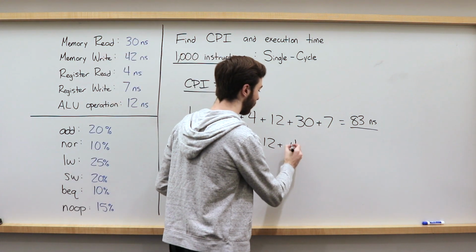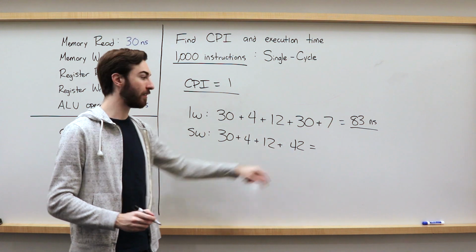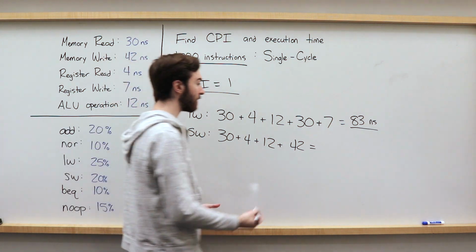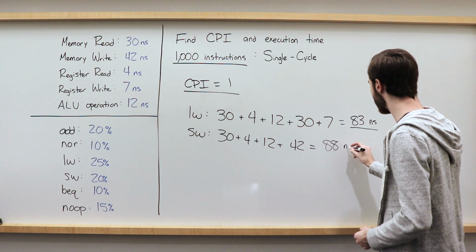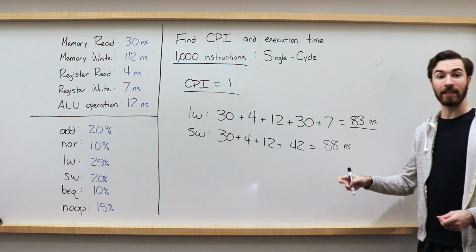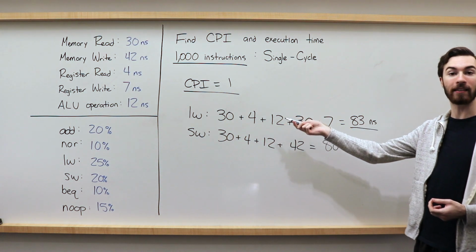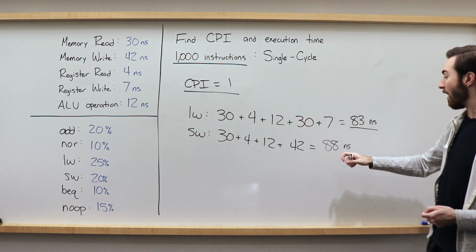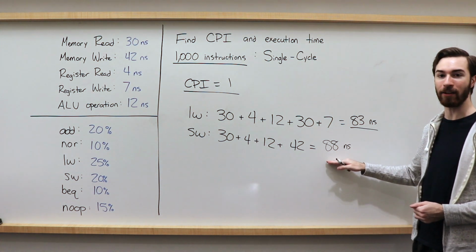So this latency is 42 instead. When we add up these latencies, we get that an SW instruction takes 88 nanoseconds to execute. That means that in this specific case, the SW instruction takes longer to execute than the LW instruction, and so our clock period for the single cycle data path is fixed at 88 nanoseconds.